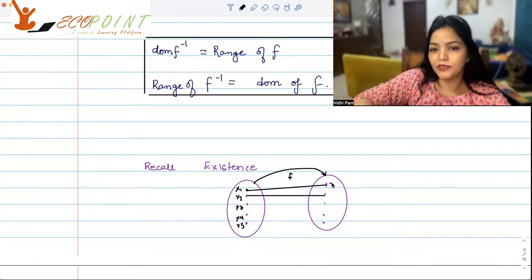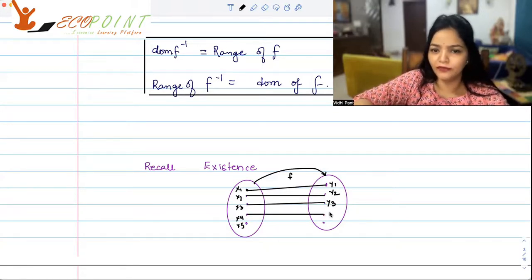Suppose x1 is mapped with some y1, x2 with some y2, x3 with some y3. You can interchange also. You can make it y4, y5. You can do all that. But all we are trying to say is that one particular input here, one particular element here, is mapped with one particular element here from A to B.